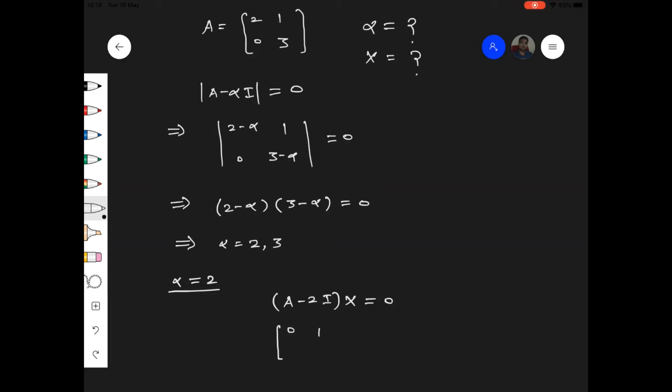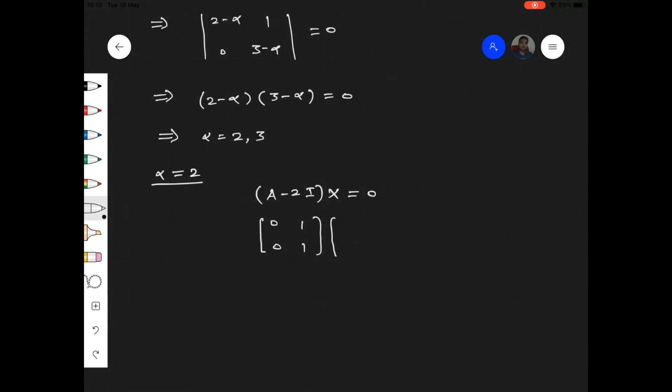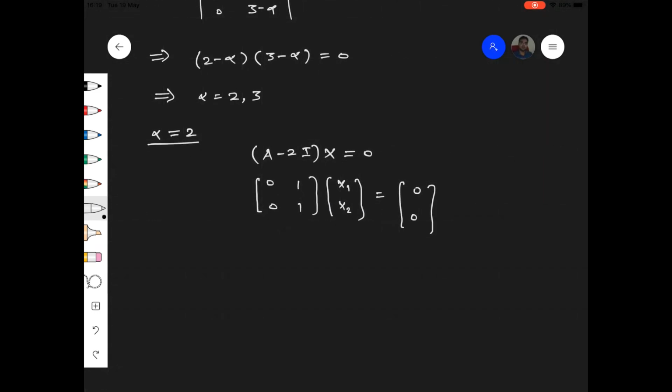By putting the value of A and solving A minus 2I, we get the coefficient matrix 0 1, 0 1, times the eigenvector x1, x2, equals 0, 0. From here we can find the values of x1 and x2, and they are going to be our eigenvectors. It's a very trivial system of linear equations, and we can quickly find the solution.